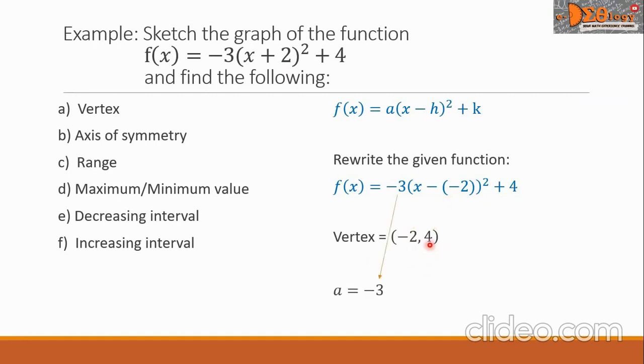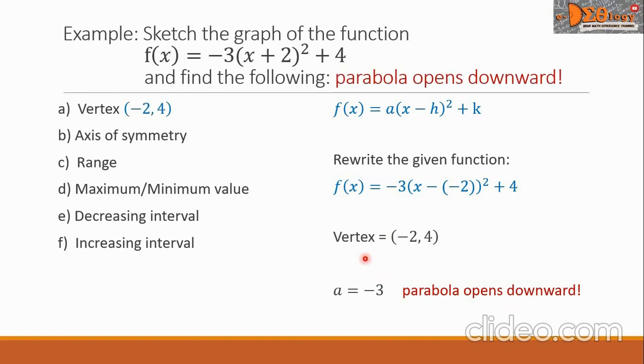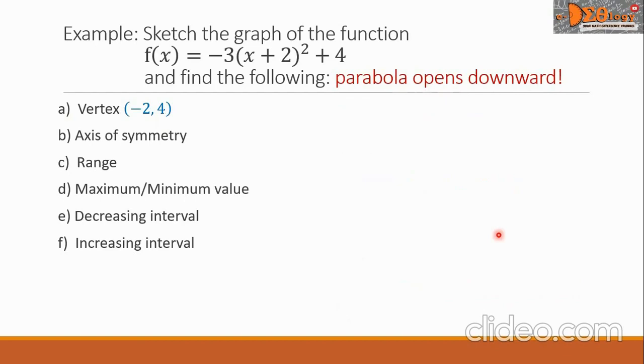And then this negative 3 is the a. And since our a here is negative, it means the parabola opens downward. So let us copy the vertex opposite this letter a, and we will take note that the parabola opens downward here. Then let us clear the right side of the screen.